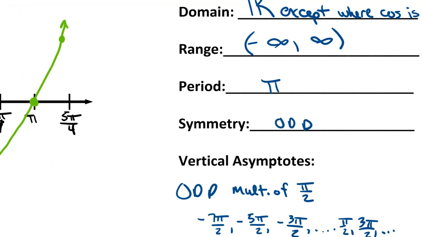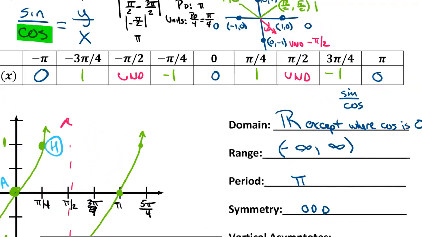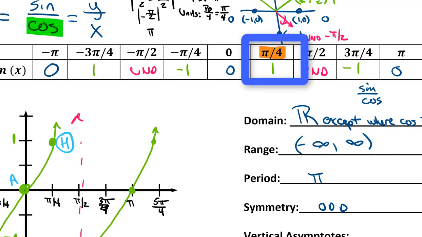And we could also analyze that from a table of values, because we're going to take a look at two values on the unit circle. We're going to take a look at pi over 4. That has a value of 1. That was our input. Now, if we plug in negative pi over 4, notice the y value is different. So you could also analyze it that way by saying, for odd functions, when you input x, you get a value, and when you input negative x, it should kick out the opposite sign.